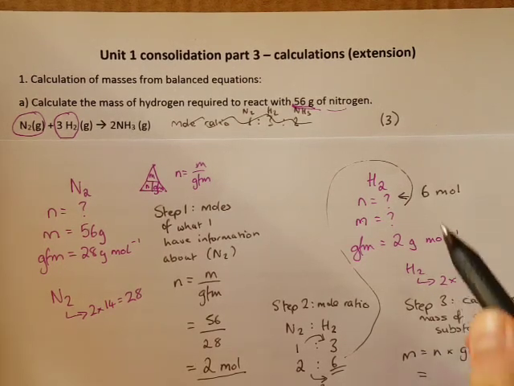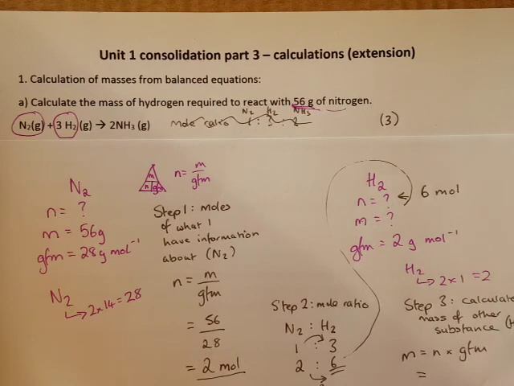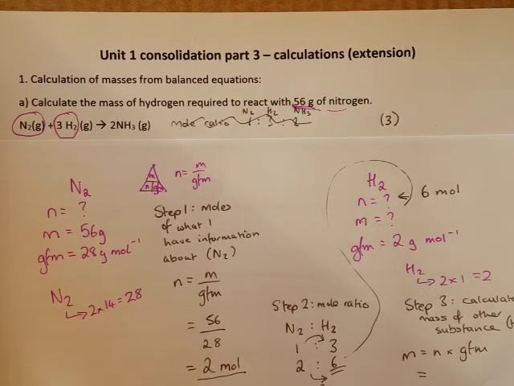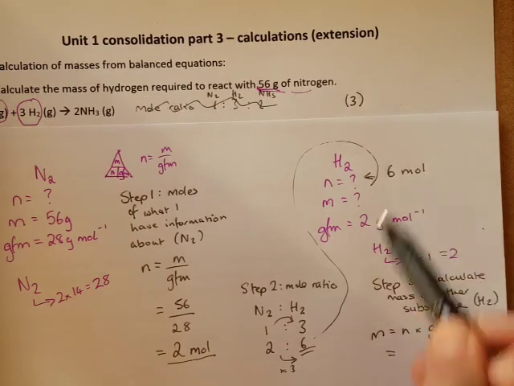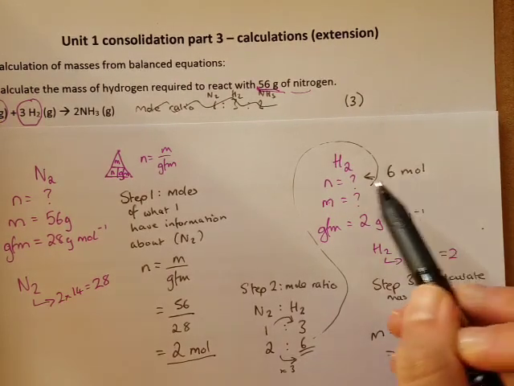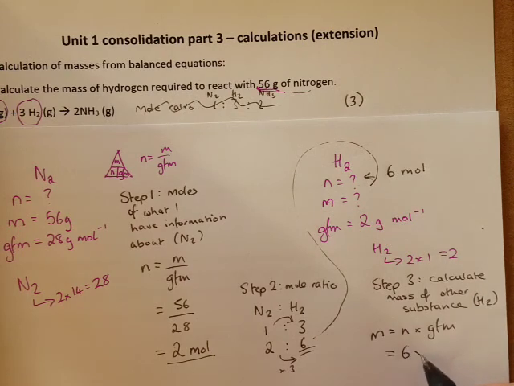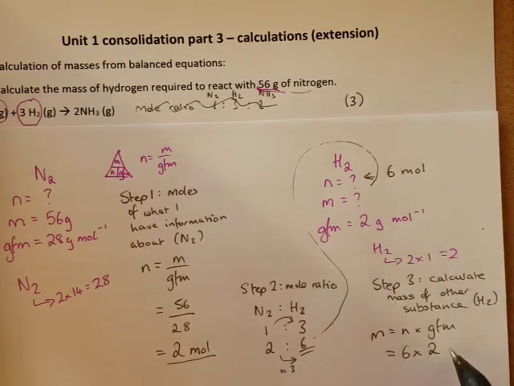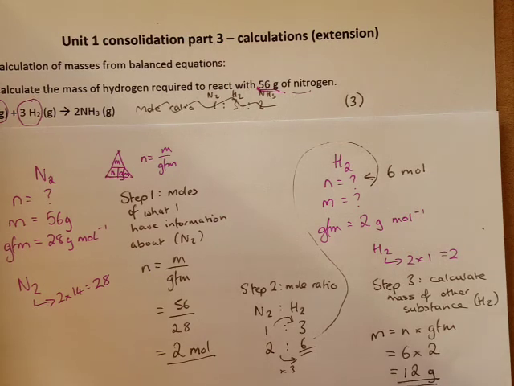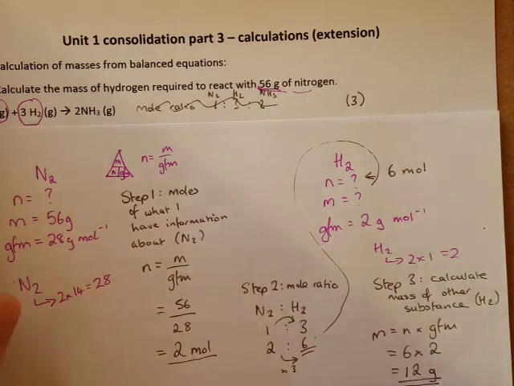And remember, this is for hydrogen now, the other substance, the one that I didn't have information for at the start. M equals N times GFM. From the mole ratio, I knew that the number of moles was 6 moles. I'd already worked out the GFM, that's 2 grams per mole. So 6 times 2, and that's going to give me 12 grams of hydrogen. And I would just double underline my final answer here.